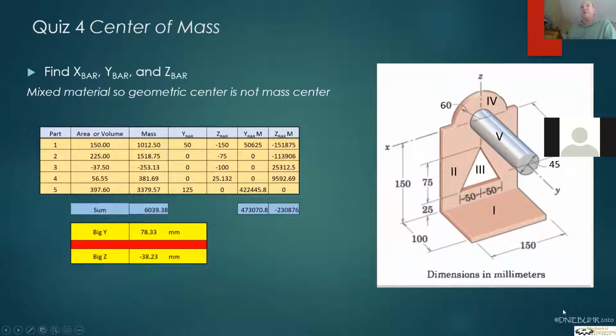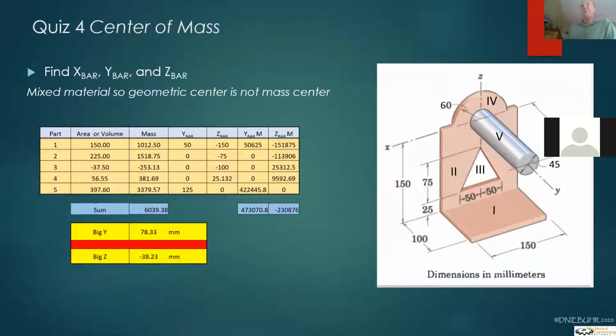What I wanted you to see was that you have this piece of sheet metal, and it has a different density than the cylinder at the top. For the sheet itself, I didn't want to worry about the thickness, because if I had said it's, say, 5 millimeters thick, that would have made the problem more complicated.